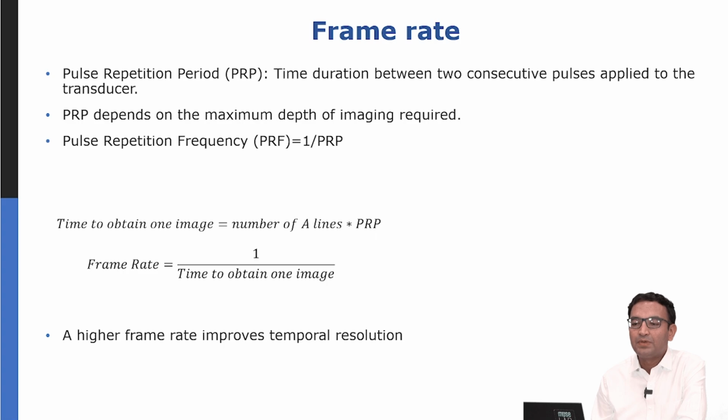So typically, if you are firing let's say 128 times to get one image, then your frame rate will be calculated as 1 by the time taken to acquire one image, which will be 128 times the time required to acquire one single A line.